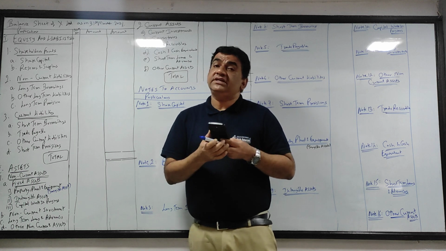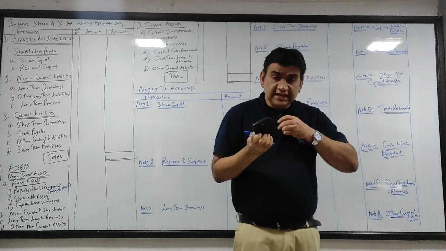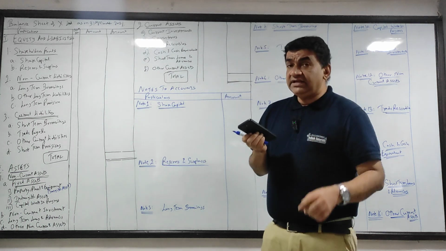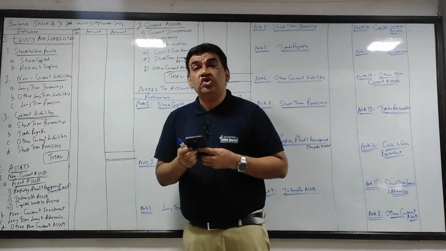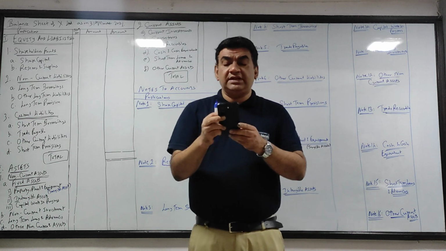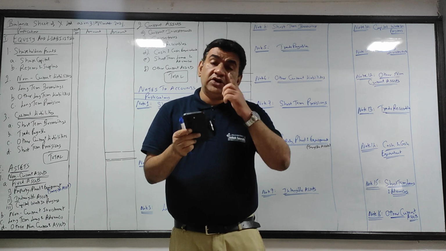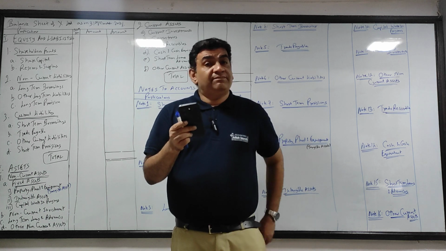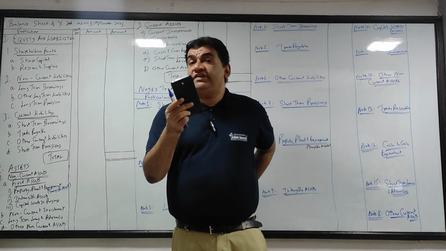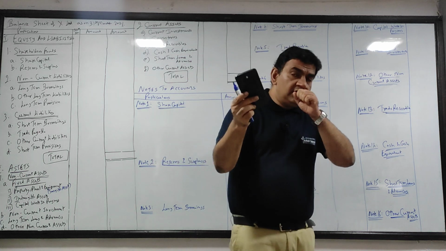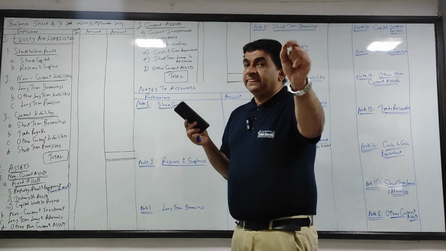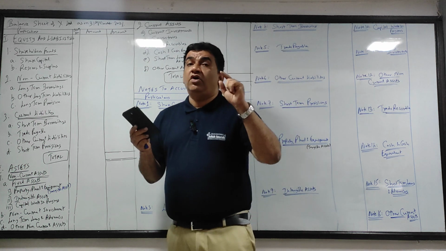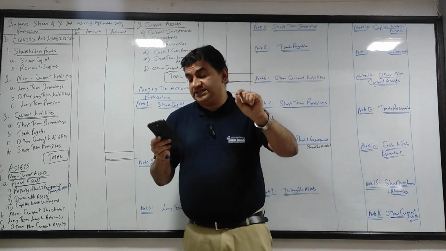Then 5% investment. If nothing is mentioned, investment will be long term, that is non-current investment. So in front of it write NCI, non-current investments. Preliminary expenses are fictitious assets. They will be a part of other non-current assets.